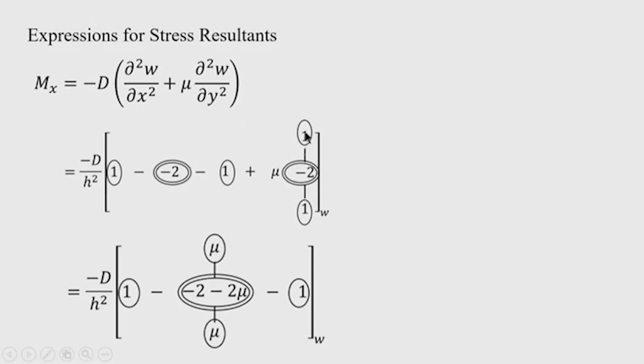Therefore, vertically, mu up and down, mu plus mu appears. On the other side, 1 and 1 are there, because there is no coefficient or other parameter involved with 1.